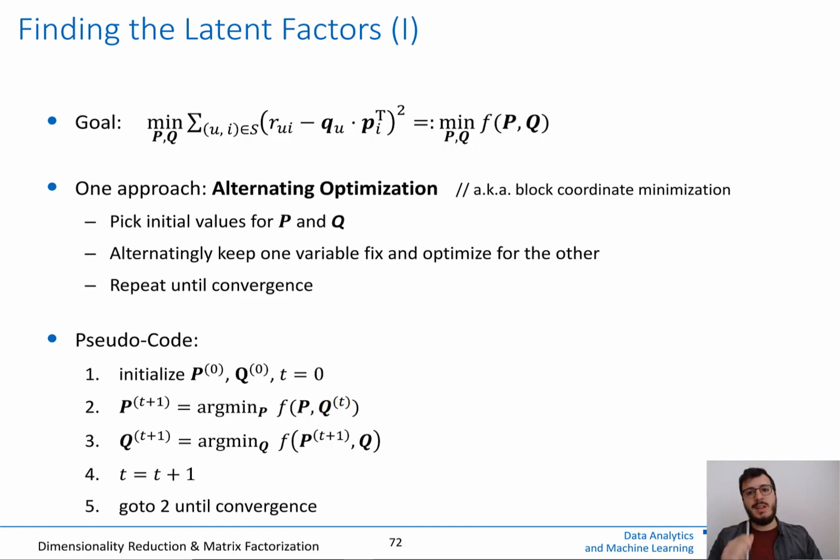So we pretend that Q is a constant, and now solve the problem with respect to P. So we only minimize the error with respect to P. And then we do it the other way around, where now we say we're going to pretend that the latest version of P is constant, and we're going to solve the problem only with respect to Q. And we're going to keep alternating between these two steps until we converge. And the way we know that we've converged is maybe the error is not going down anymore, or the actual P and Q values that we're learning are not changing by much.